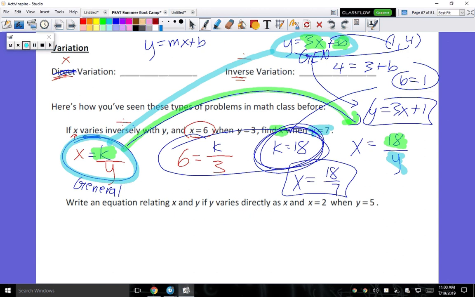So y varies. Please don't forget the equals k for varies. Directly means to multiply. And then the next letter is x. You with me, guys?